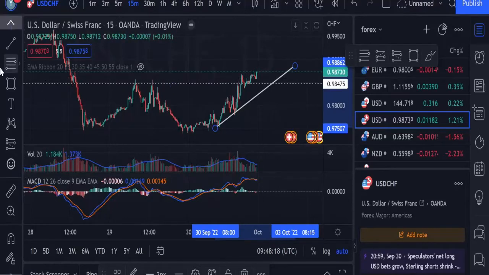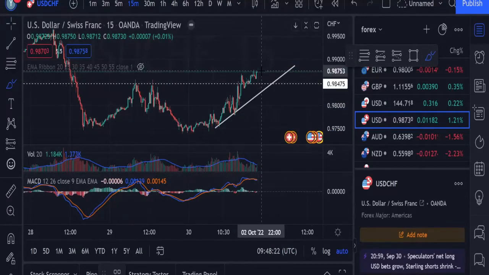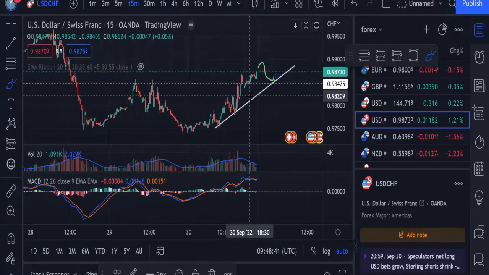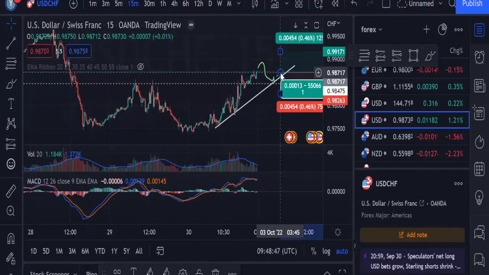So if this market peradventure makes a movement maybe like this, then moves to this area, then gives me a bounce, just any green candle closing above this line after rejection, then my next move will be to go long.